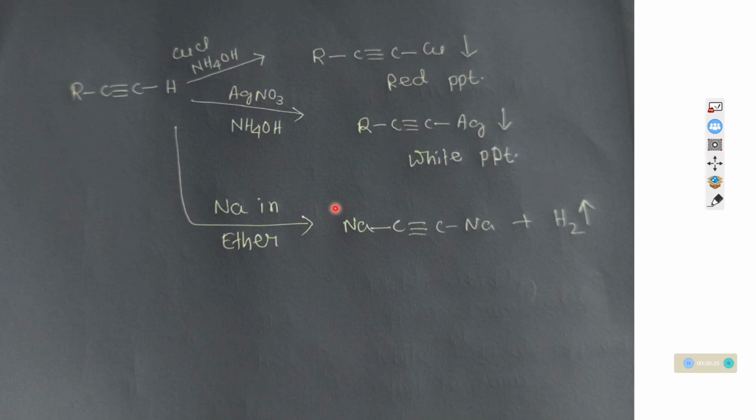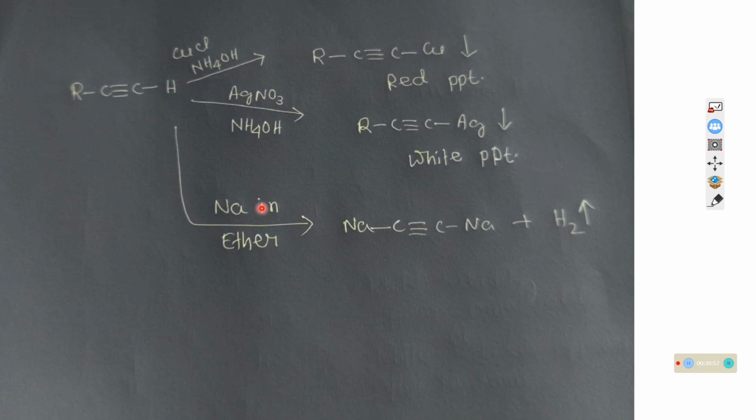And if we use sodium in ether and react with this acetylene, then hydrogen gas is evolved. So these three reactions are functional group tests for terminal alkyne.